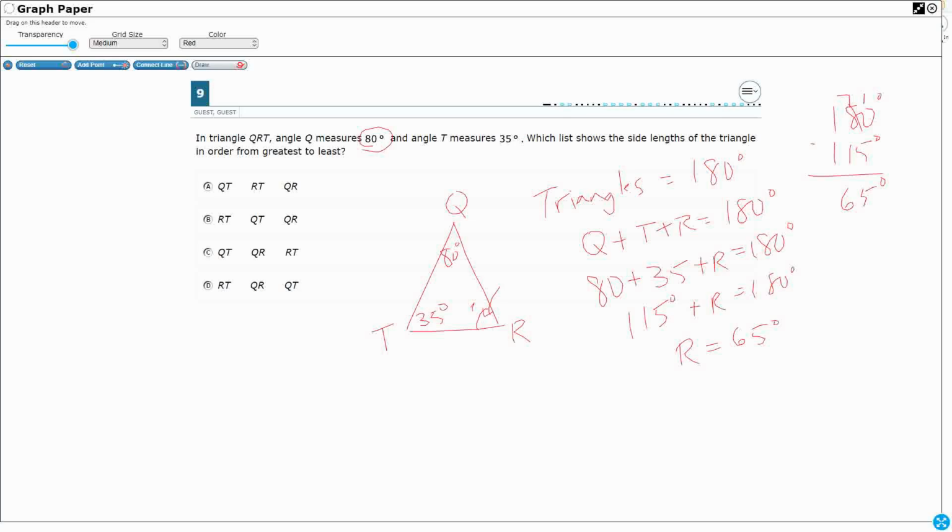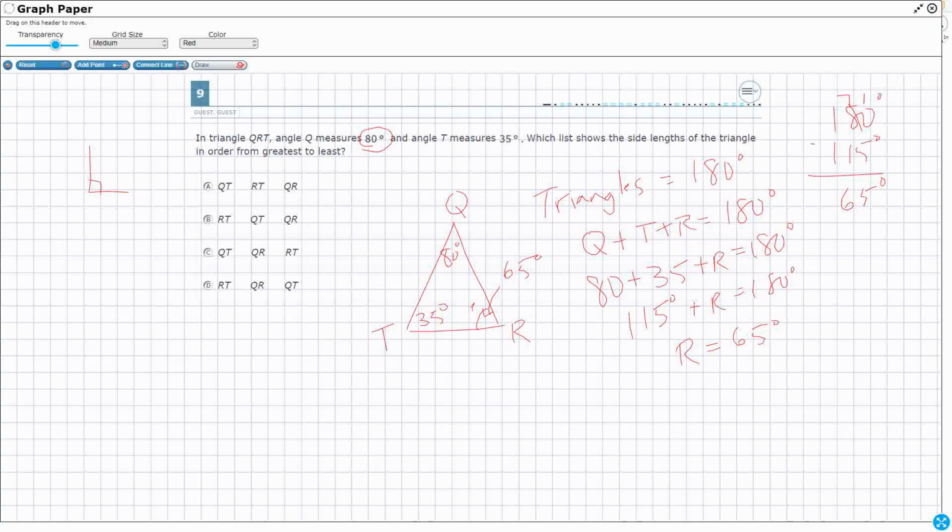Well, I want to draw a better picture here, 65 degrees. The only thing I really know for sure is a right angle is 90 degrees, right? So I'm going to draw a better triangle. Let's draw it in blue. And since Q is my largest one, I want to make Q right here.